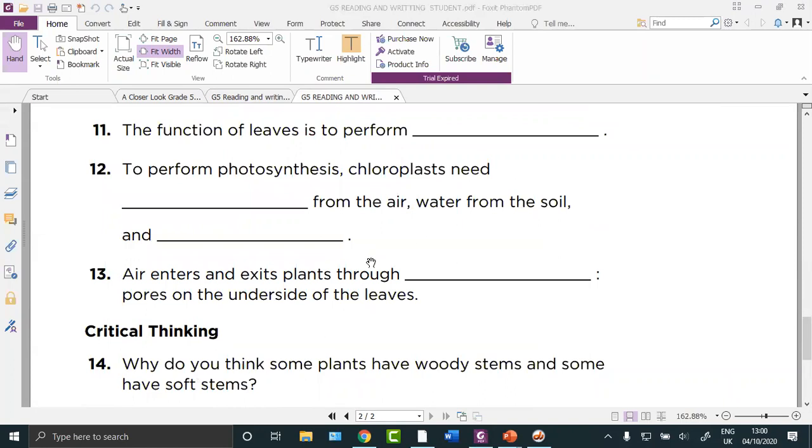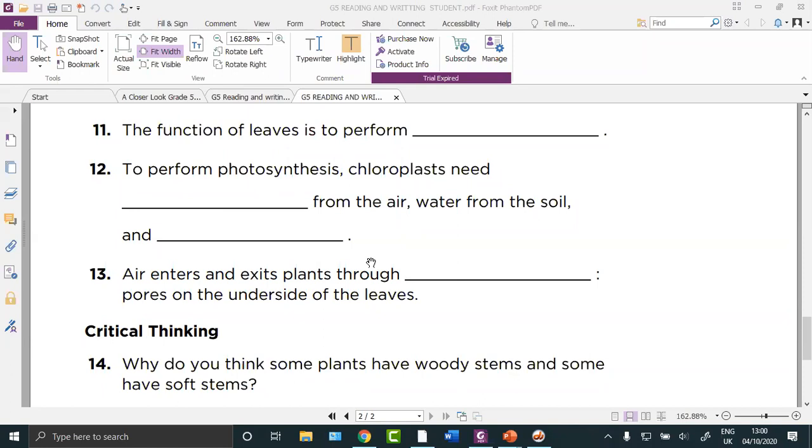I finished number 14. Number 11. This is revision. The function of leaves is to perform photosynthesis. Okay, thank you so much. You did well. Can I answer the second one?